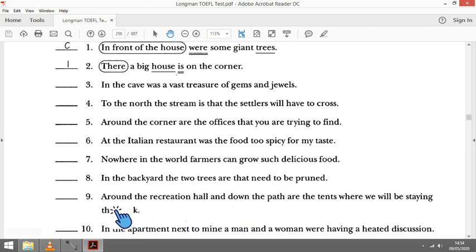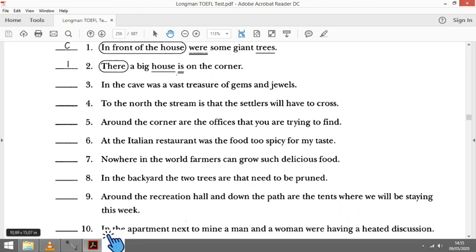Okay, so in this situation 9, it's already inverted: verb, are the things. Yeah, because the subject is plural, we use "are" because the subject is plural.